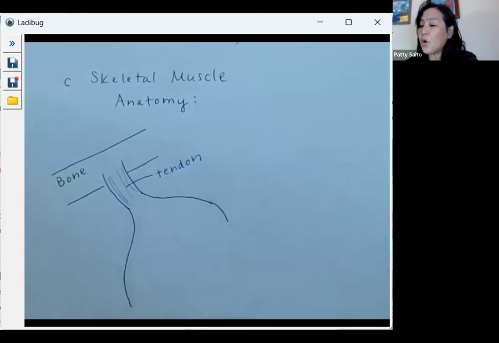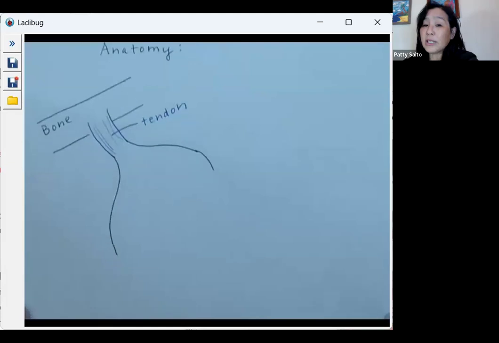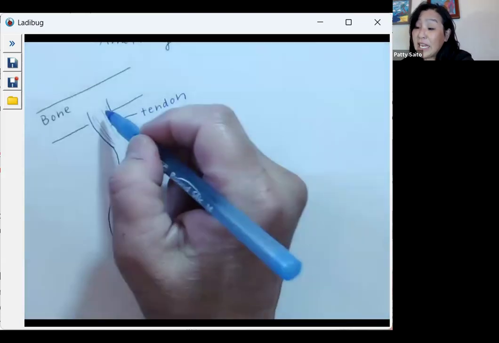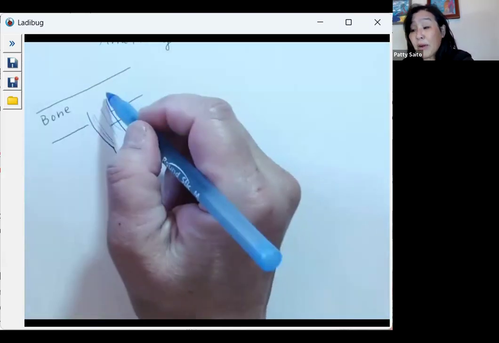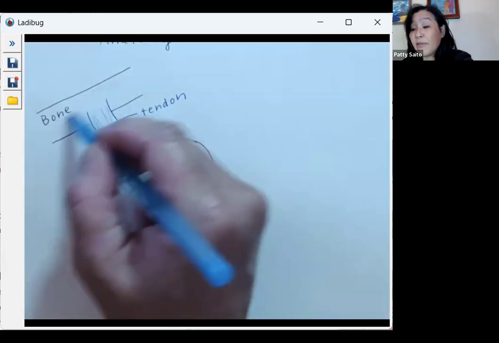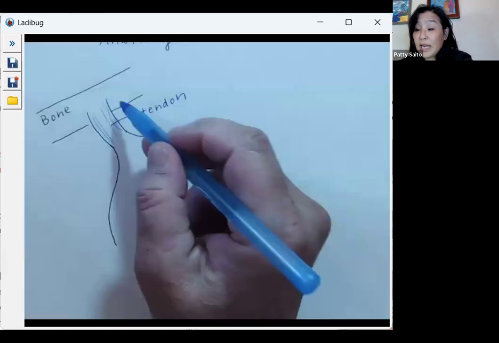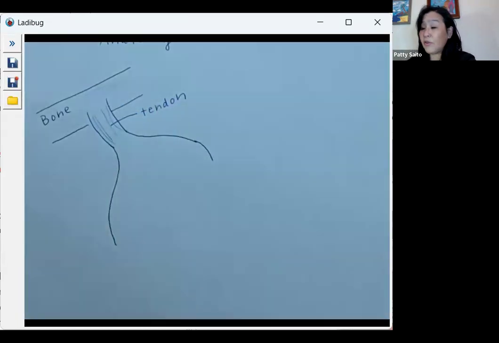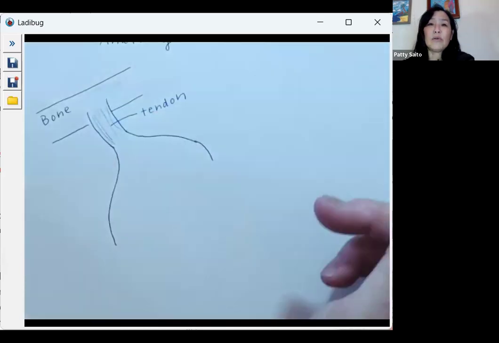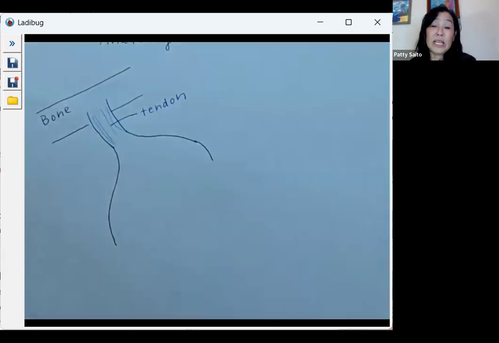So even though we call it something different, it's all continuous. Connective tissue is just continuous. This tendon is also continuous with the periosteum, the connective tissue covering of the bone. And because it's all collagen fibers, it's all connected.